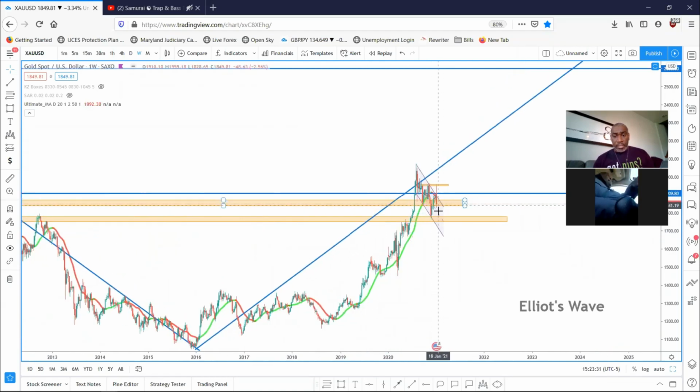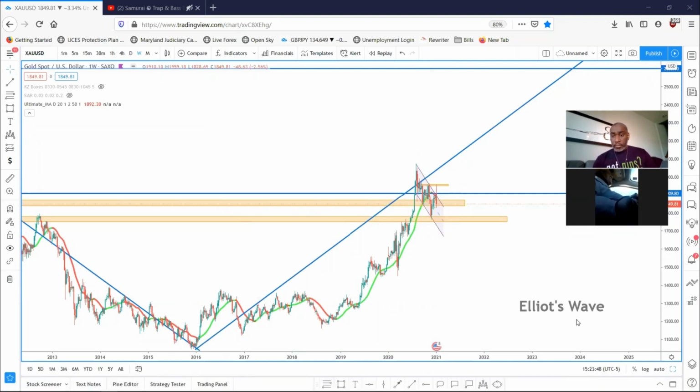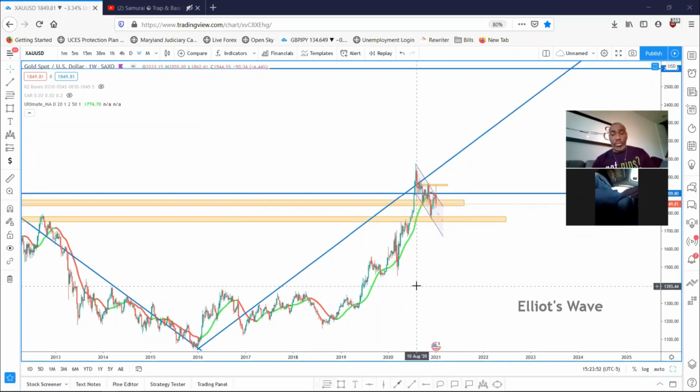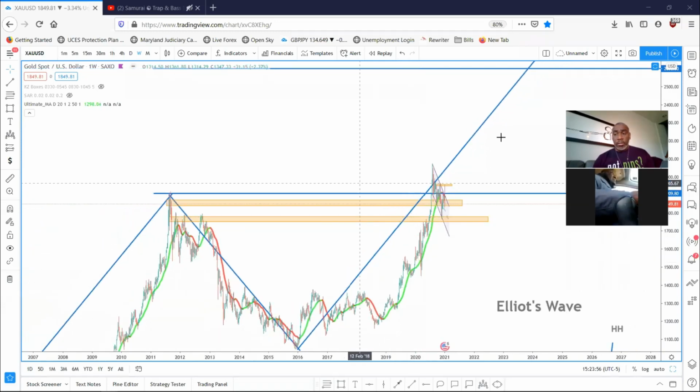And I can see her actually touching that area here before she pushes back up, because this right here just looks like a nice little flag pattern that's happening. So I want you guys to keep in mind that this market could definitely continue to push up.